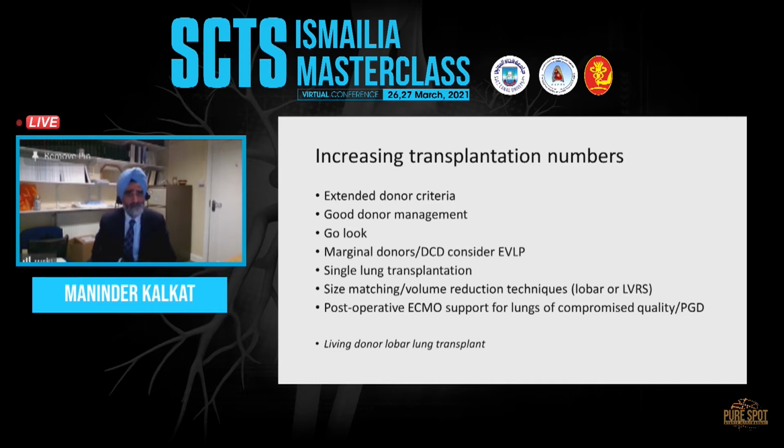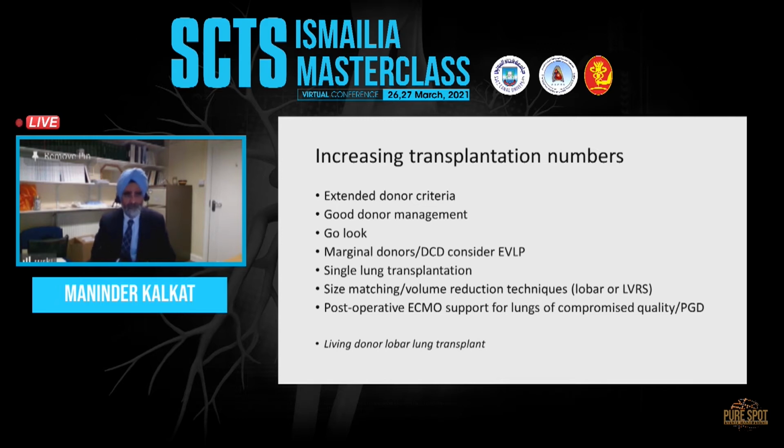So how can we increase the number of lung transplants and equally reduce that waiting list and benefit the patients? So one is, as I said, we have an extended donor criteria rather than strictly going by what ISHLT has initially given us. And then manage those donors appropriately, as I have just explained.